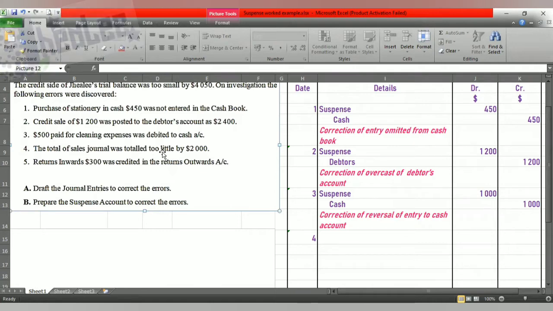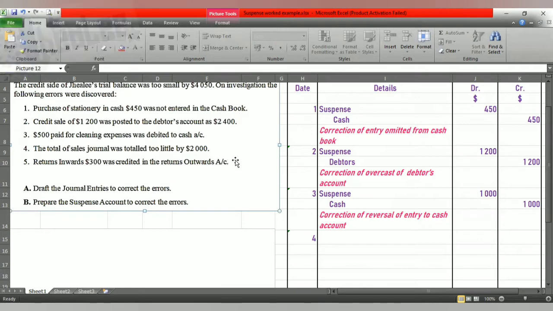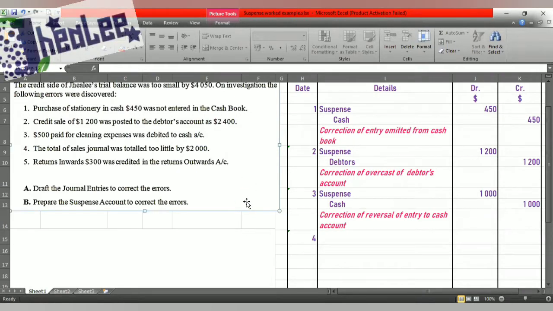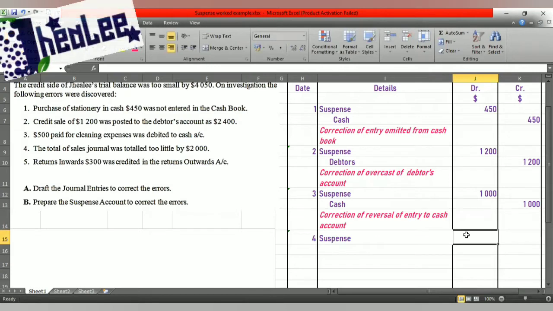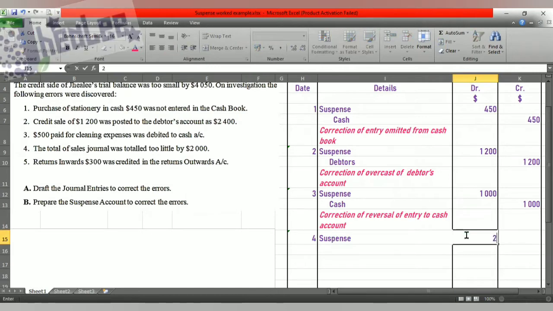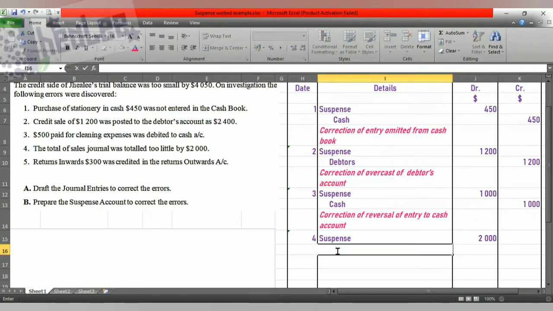When we transfer from our sales journal to our sales account, the value is credited to the sales account. And because it is 2,000 too little, our sales account should be credited with that amount that is short. And to complete double entry, we're going to use suspense account. Why? Only one side of the entry was incorrect. So we have to ensure that we use a suspense account as a temporary account to complete double entry.